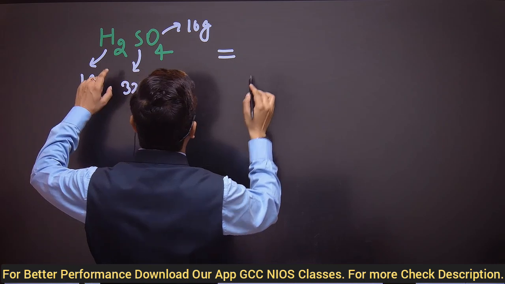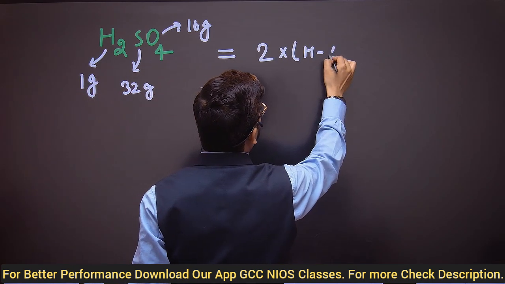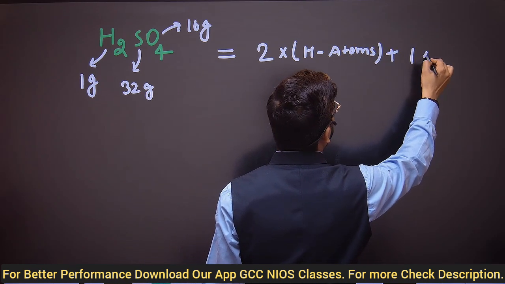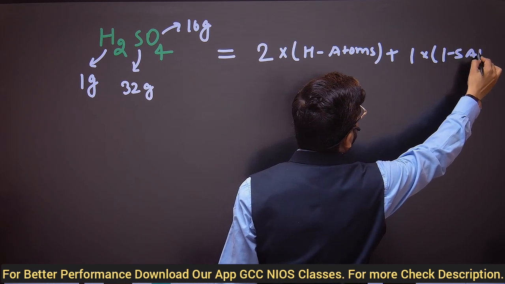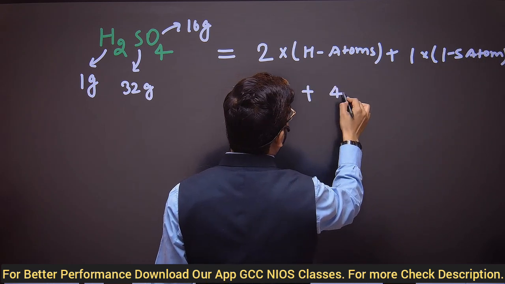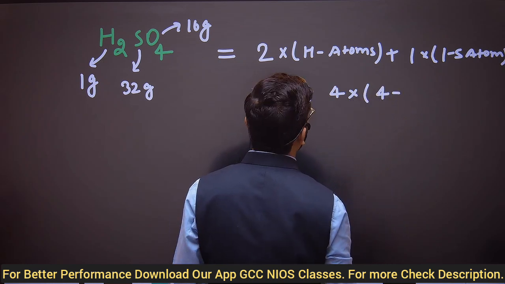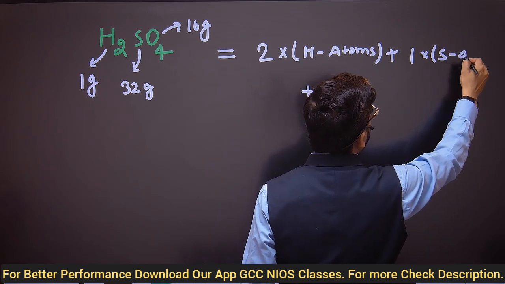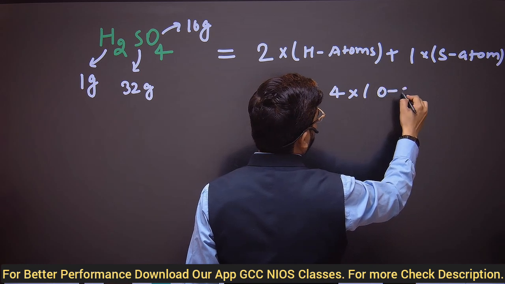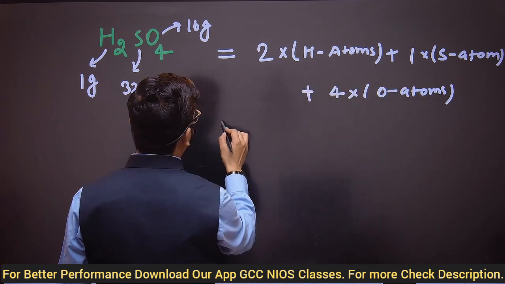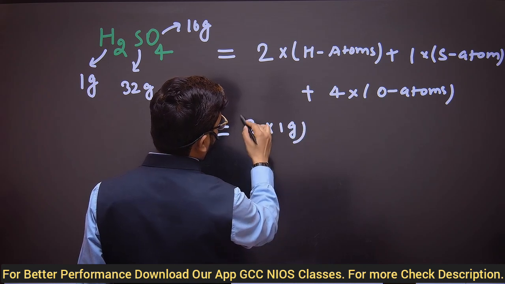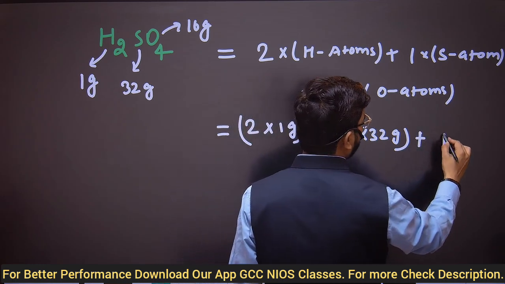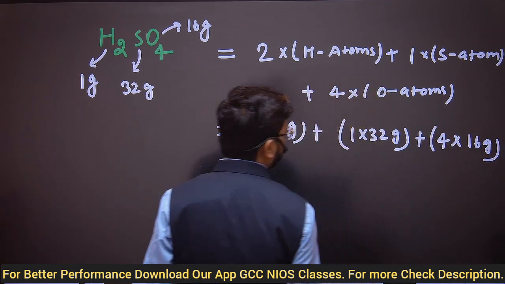So how will we write it like this? 2 atoms of H plus 1 S atom plus 4 O atoms. So here 2 into 1 gram, and then 1 into 32 gram, plus 4 into 16 gram, right?